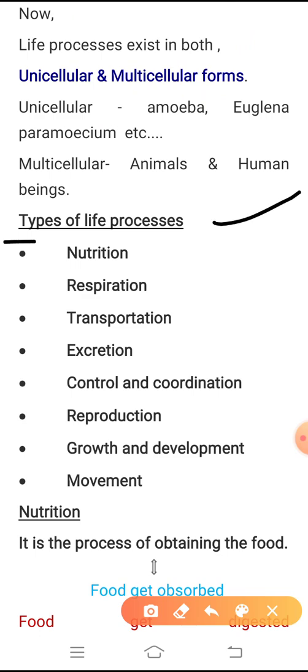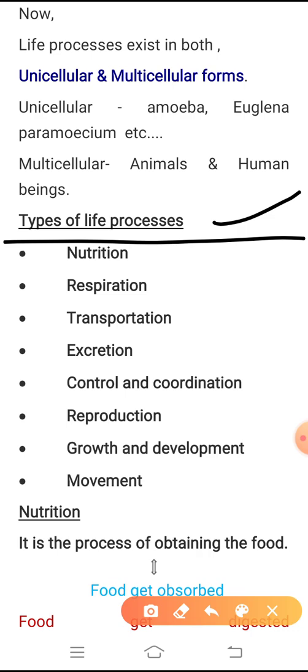We are going to study the types of life processes. What are the different types of life processes? I have already given some types here. Let us discuss the different types, whether these life processes perform the same set of functions in all organisms, or what their individuality is. All those things we are going to study.